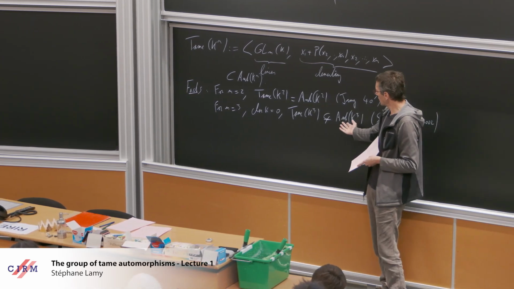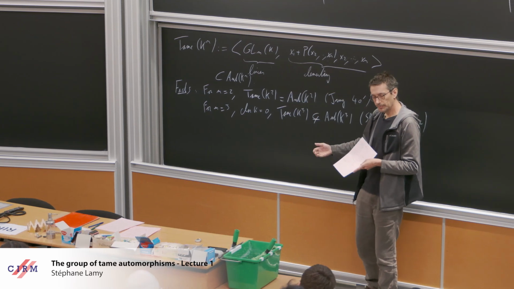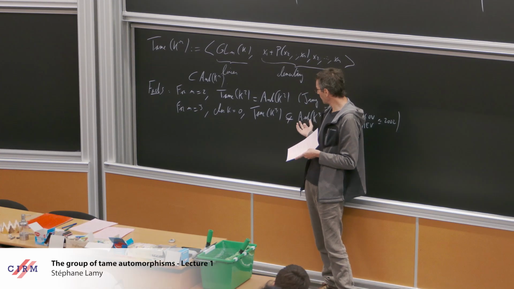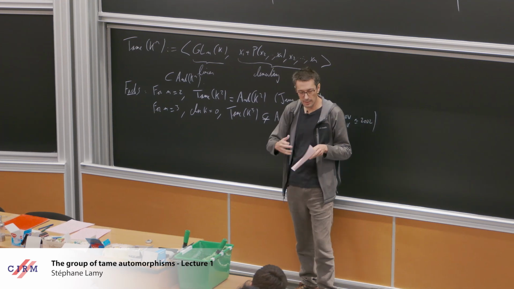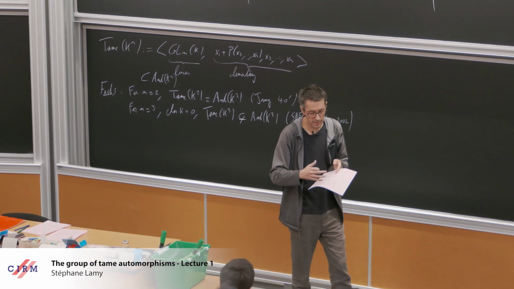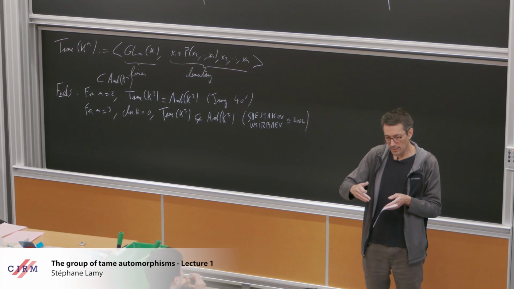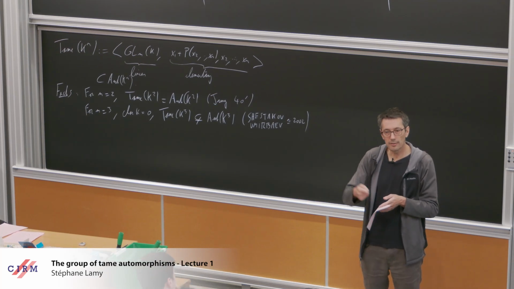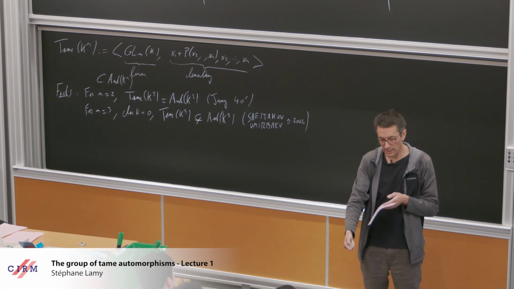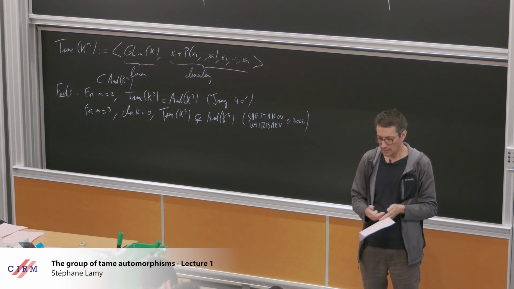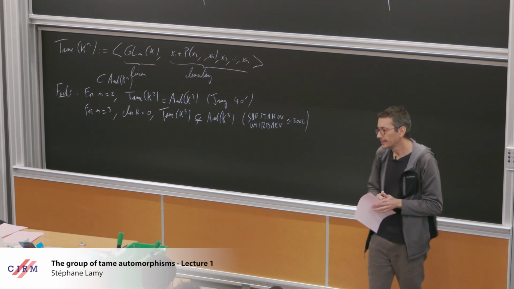Essentially they give an algorithm that, given an automorphism, decides if it is tame. The algorithm is: if it is tame, you can reduce the degree by some elementary operation. So if you can go down to the identity, it was tame, and if at some point the algorithm is stuck, it's not tame.